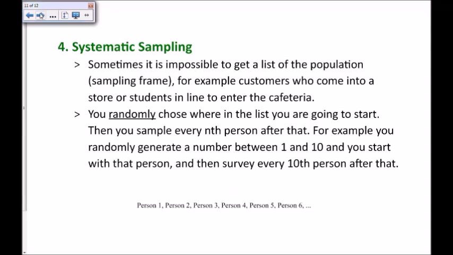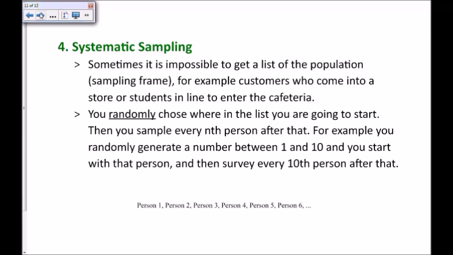Stores have no idea the exact individuals who are coming, but they could, in essence, number them off when they walk through the door and generate their sample by people coming through the door. Or students in line to enter a cafeteria. They're somehow lined up. You will randomly choose where in the list or where in the line you are going to start. And then you will sample every nth person after that.